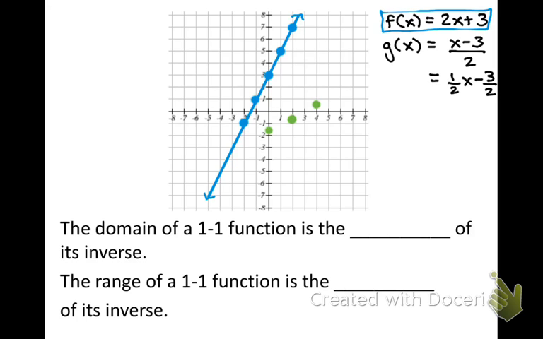We can also go down 1, left 2. Let's get that nice straight line. And we now have the graph of g of x as well.